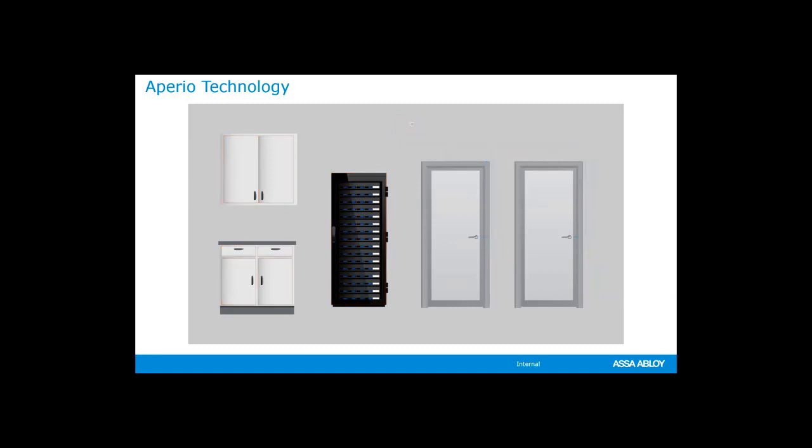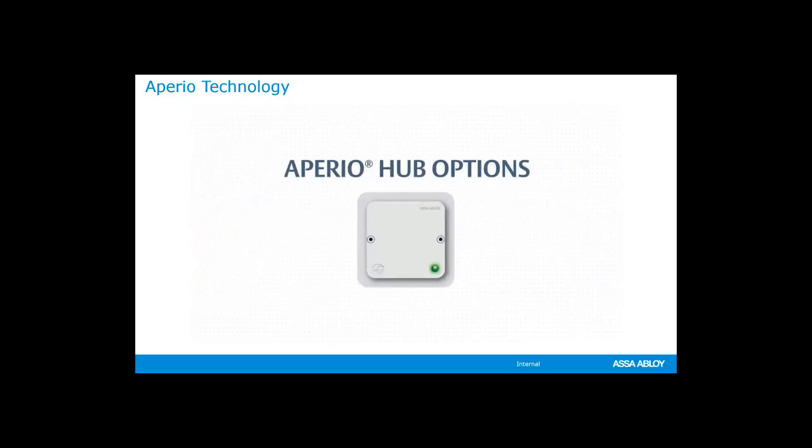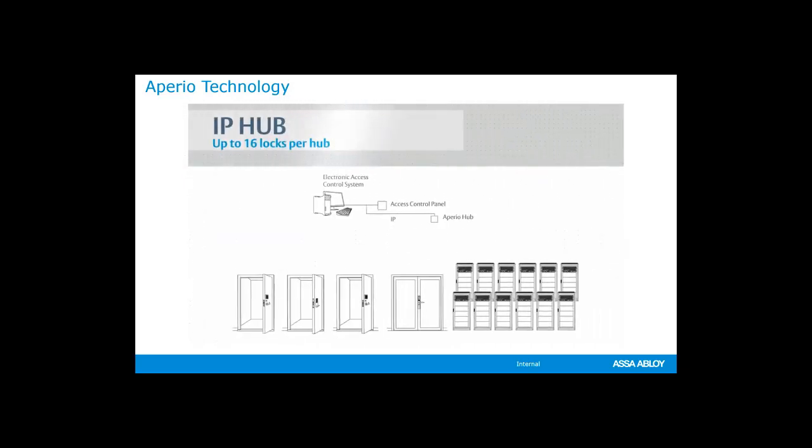With Apereo, wireless technology eliminates the wiring to the lock, making Apereo a fast and affordable way to add access control anywhere. Apereo hubs come in a variety of configurations to ensure easy integration with your existing access control systems. The IP Apereo hub uses standard Ethernet cabling to connect to IP access control systems and supports up to 16 devices per hub.